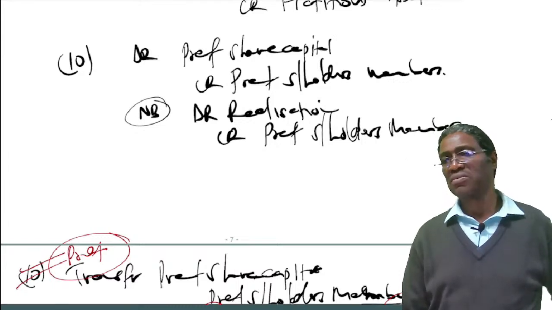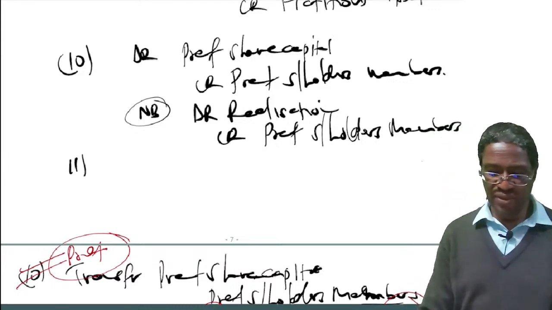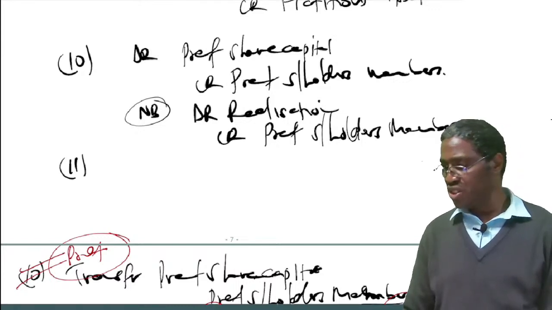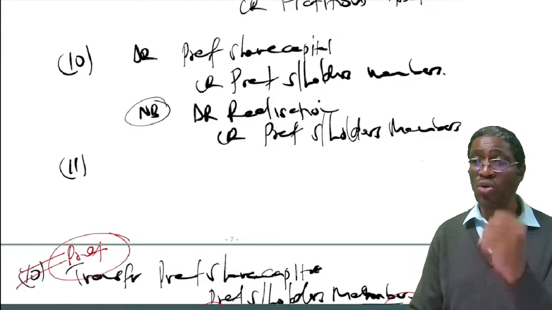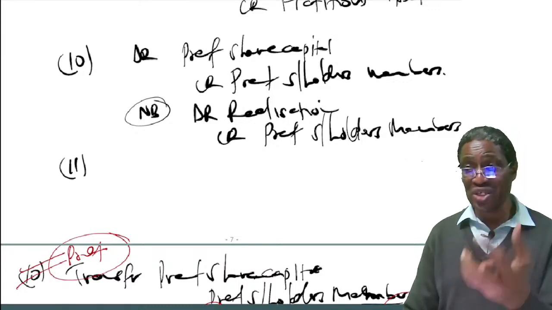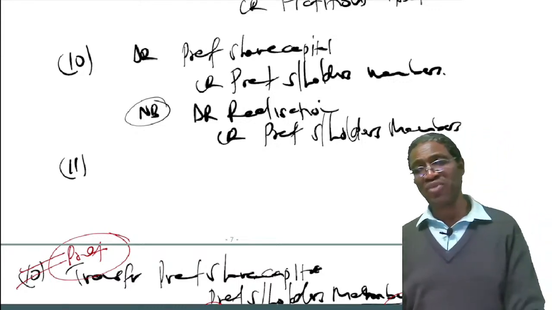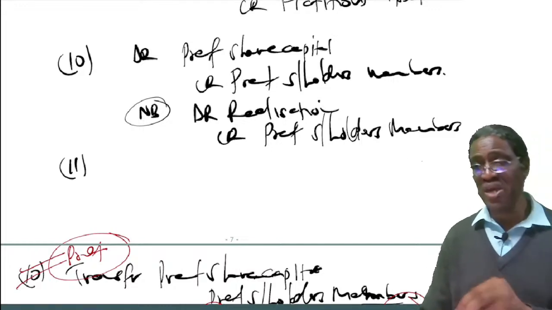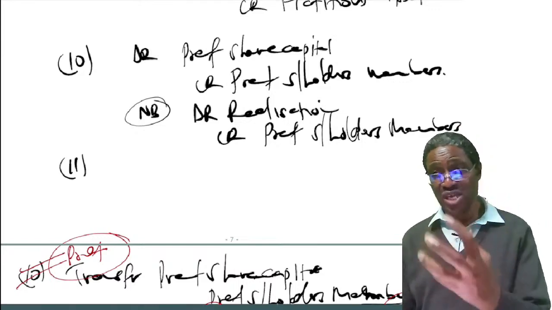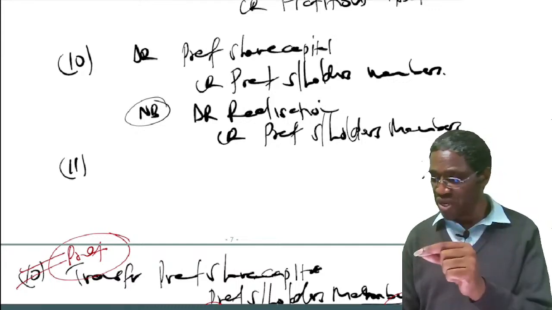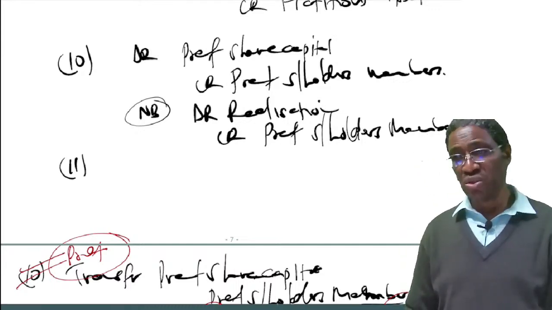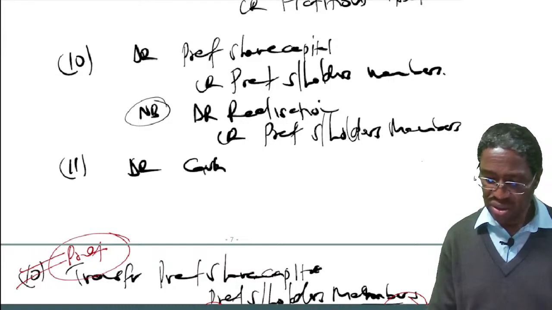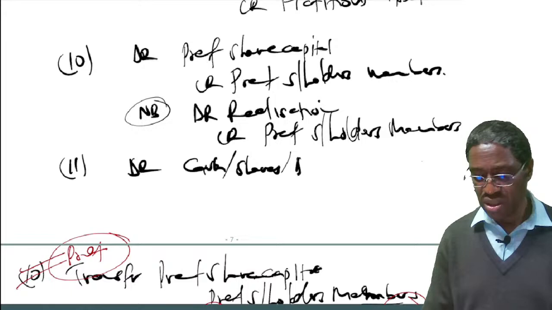So finish, we go to number 11. Number 11, you say this: with the receipt of the purchase consideration, either in form of cash, shares, or debentures, debit cash, stroke shares, stroke debentures.